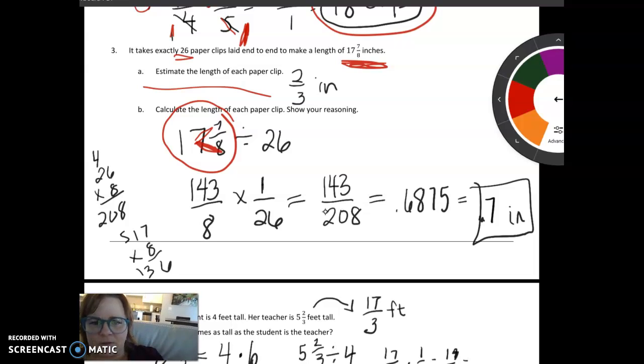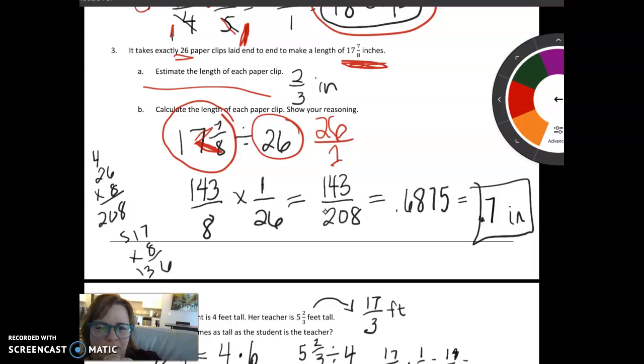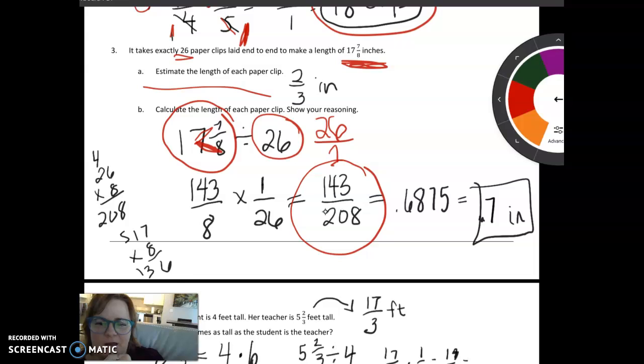So I have 143/8, and I'm going to multiply that by the reciprocal of 26. So remember right now it's 26 over 1, but the reciprocal of 26 over 1 is 1/26. So I'm left with 143/208. I couldn't find anything to divide by here, so I just left it at 143 208ths, which is approximately 7/10 of an inch.